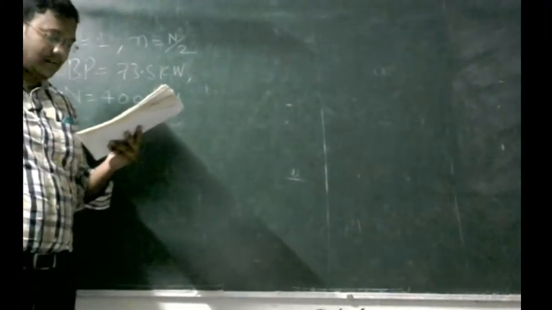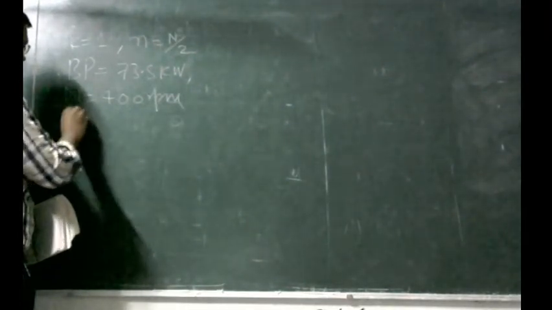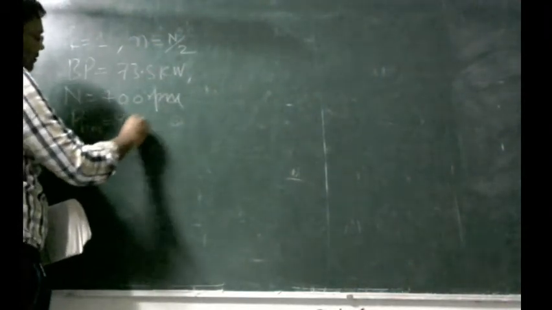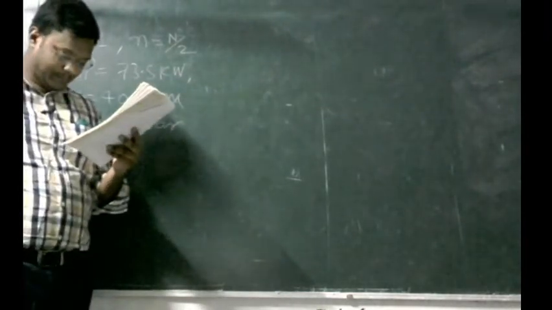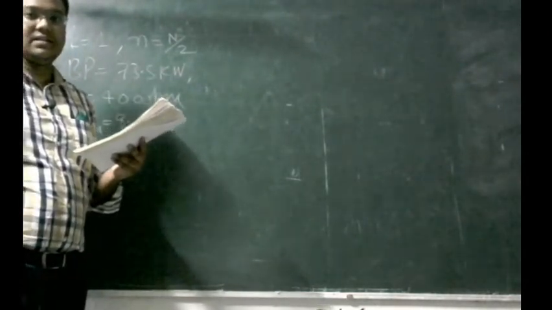Brake mean effective pressure, BMEP, is given as 8.5 bar. Mechanical efficiency is given equal to 0.8.